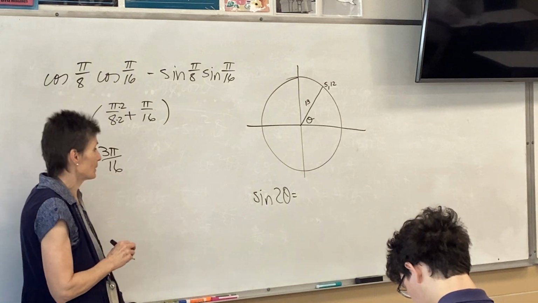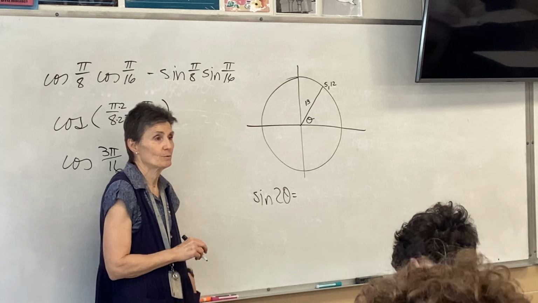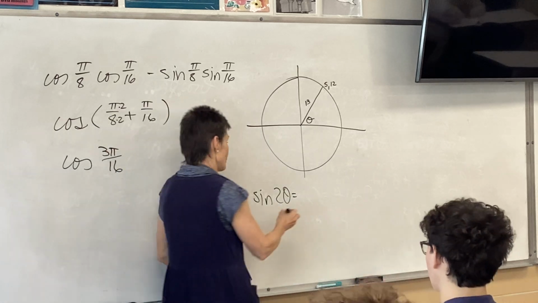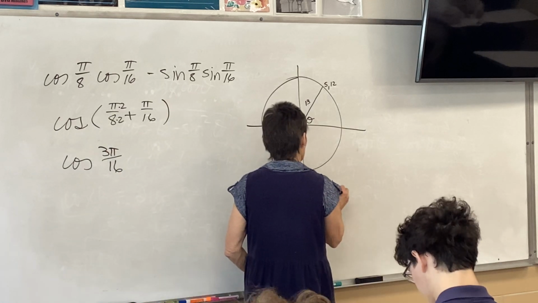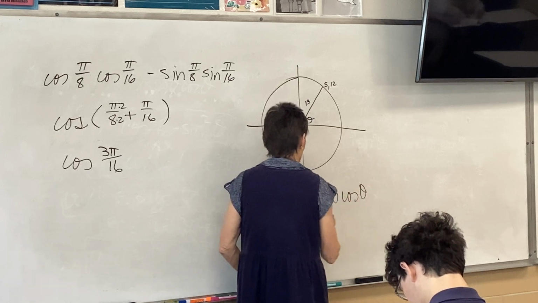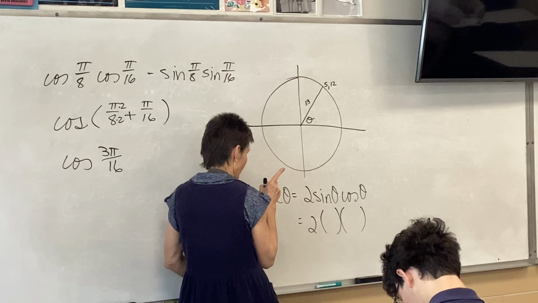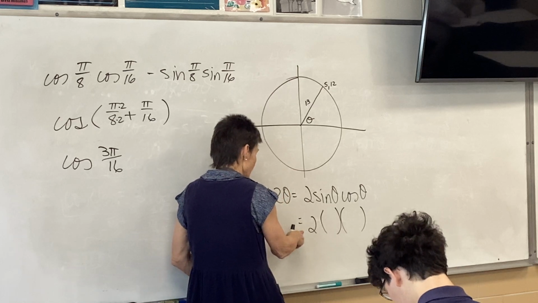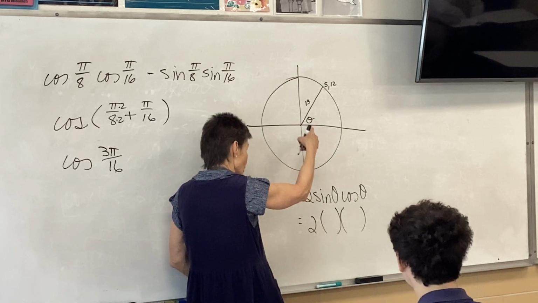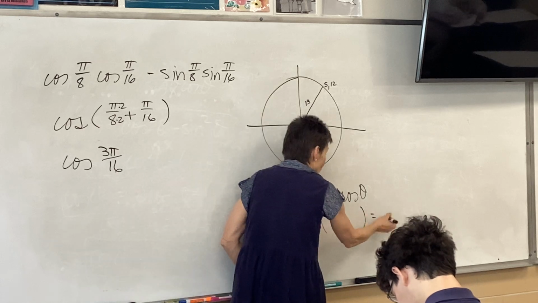Well, first of all, what's the formula for the sine of 2 theta? 2 sine theta cosine theta. So I need to multiply 2 times the sine times the cosine, and that will be the answer to the question.